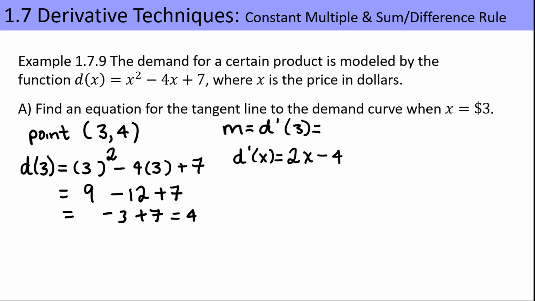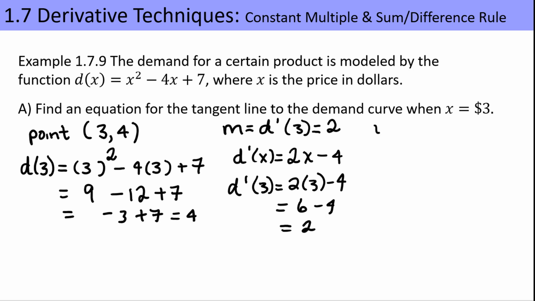Now we proceed to find the actual slope. So we take the derivative function and evaluate it at 3, which would be 2 times 3 minus 4. And so 6 minus 4 is 2. We have a point. We have a slope. Now we need the equation of a line. Let's use y minus y1 equals m times x minus x1.